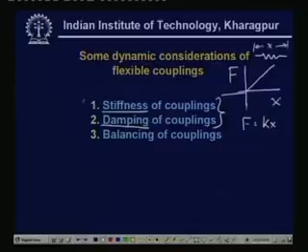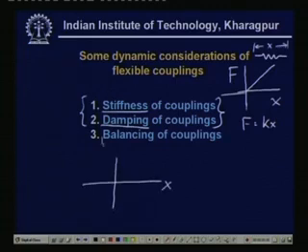So the stiffness and damping are very important. You see, sometimes when we have this kind of diagram, if it is linear stiffness, the diagram looks like this. If you elongate, it falls on this line.